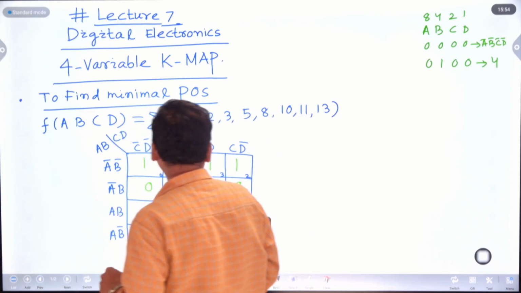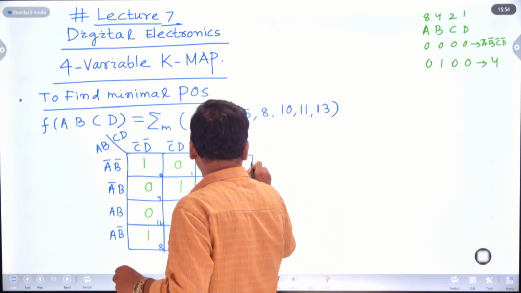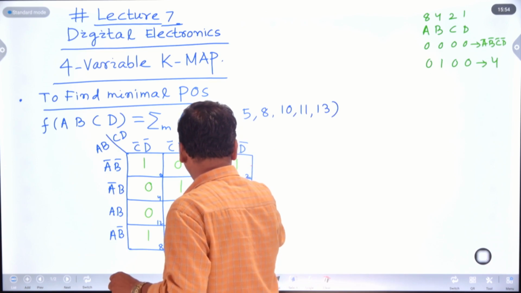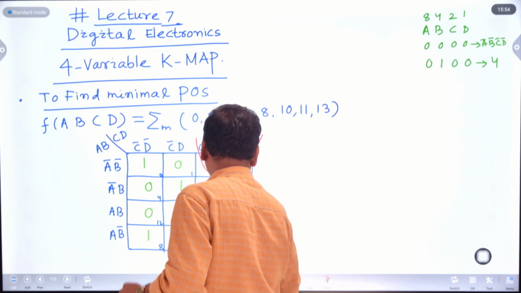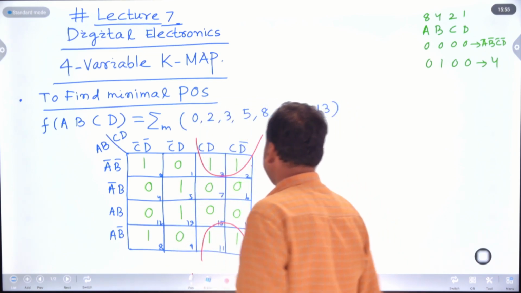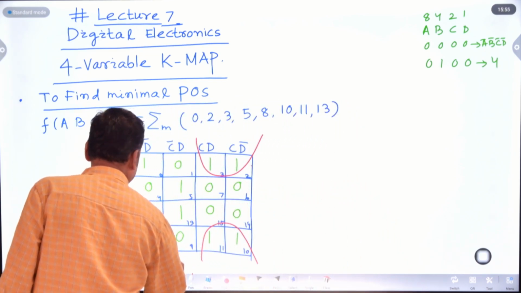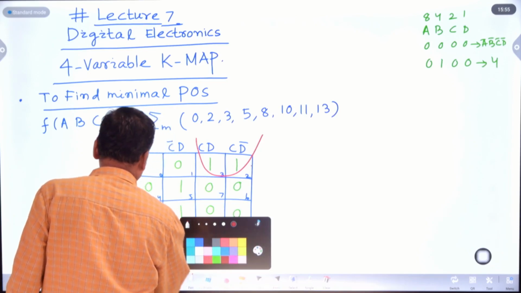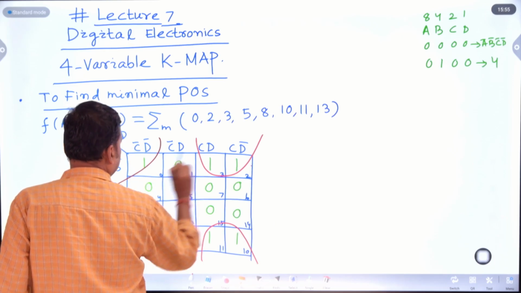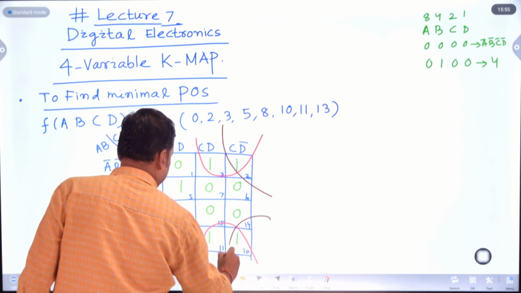First of all, what we'll do here: these two is nothing but one group. Similarly here, the four corners form a group.